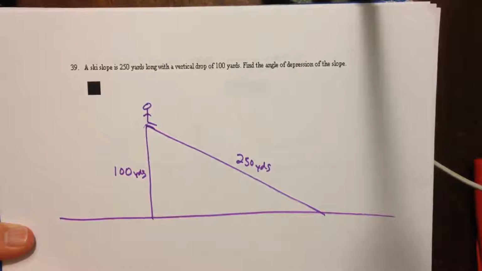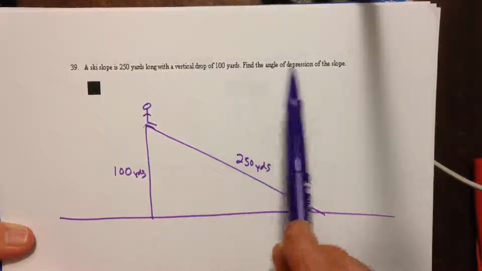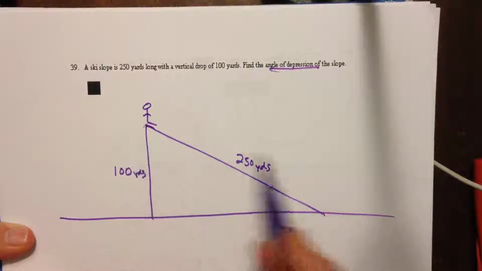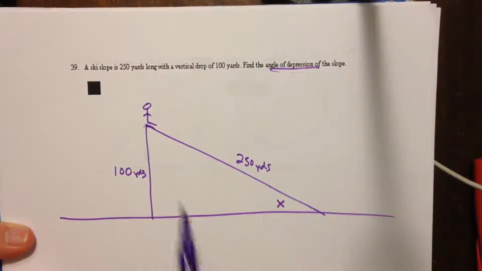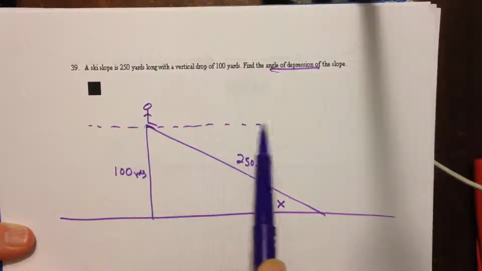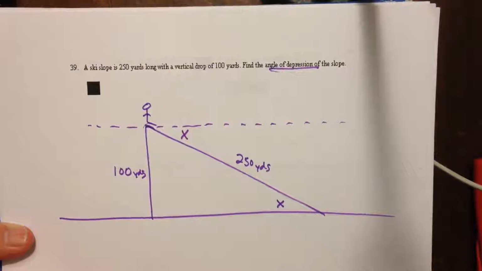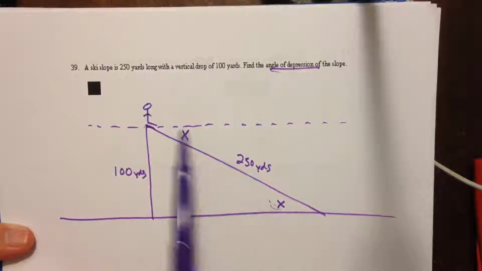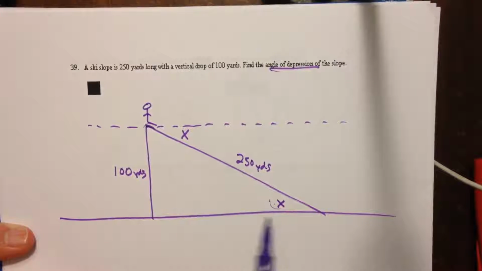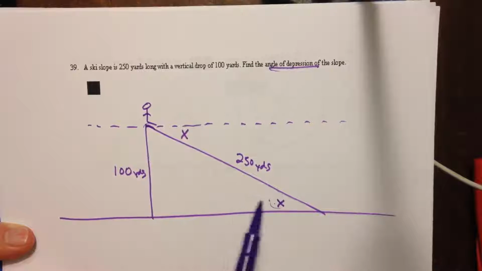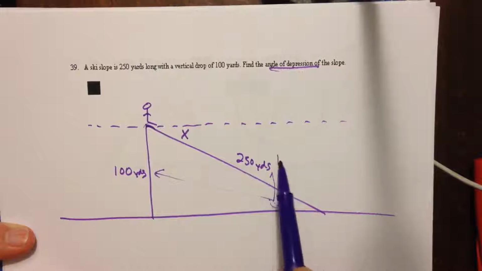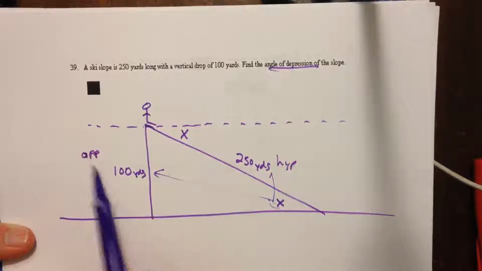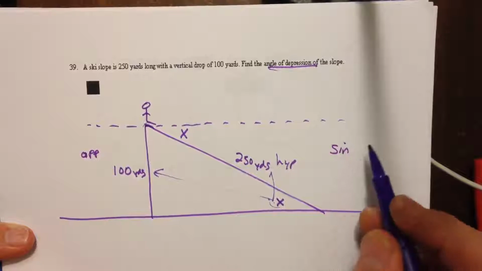There's the ground. Alright, so now what it's asking for, the angle of depression, is actually the same thing as this angle right here. Now technically, if you look up in any textbook, the angle of depression is right there. Okay, but that goes parallel with the ground. So really, if I just find this angle, these two angles are going to be exactly the same. So if I think about it in terms of this angle, that's opposite, that's hypotenuse. So opposite over hypotenuse is sine.